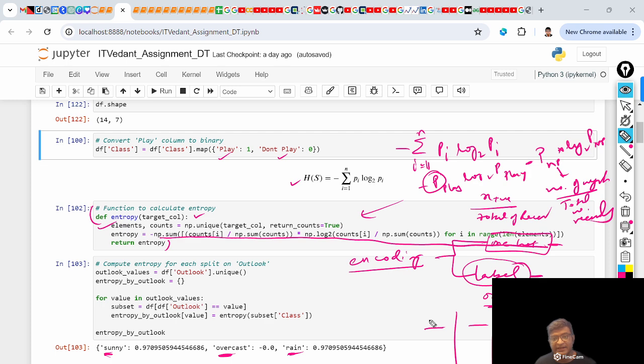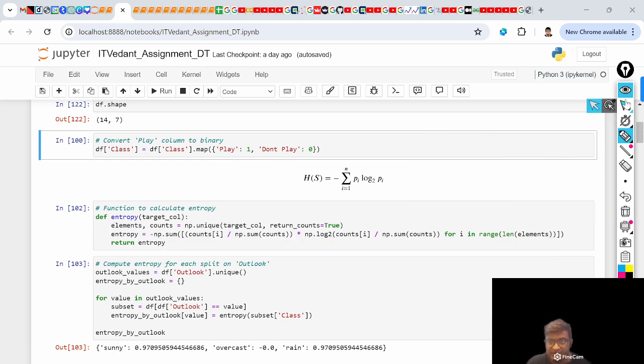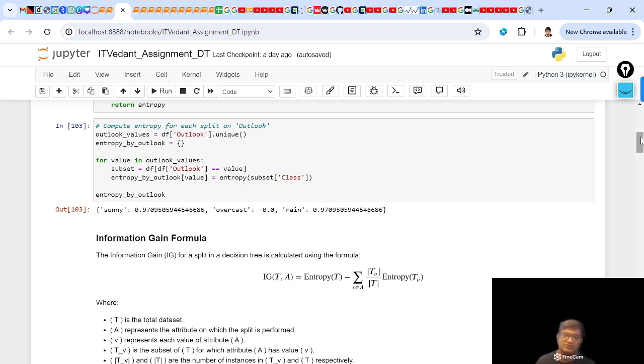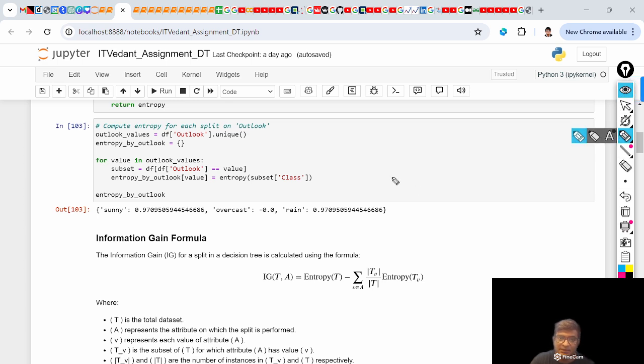And we need to find out which of these feature columns can be used as a root node, on the basis of entropy and InfoGain. We'll understand what InfoGain is in a bit. What we're doing right now is very simple. We take each unique element of Outlook, and run a for loop over those Outlook values.